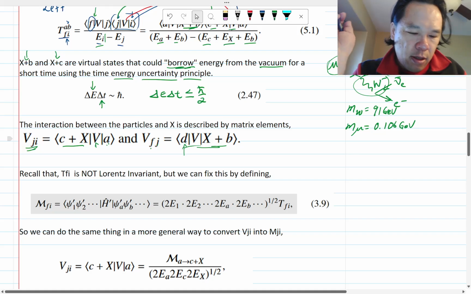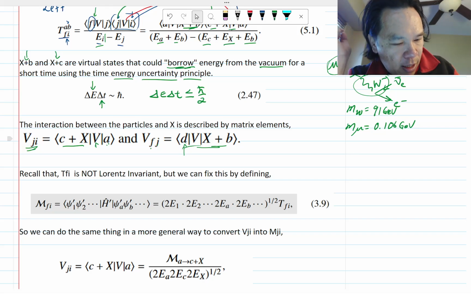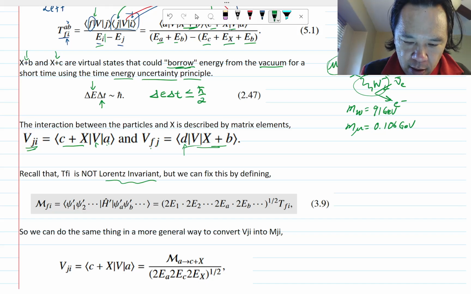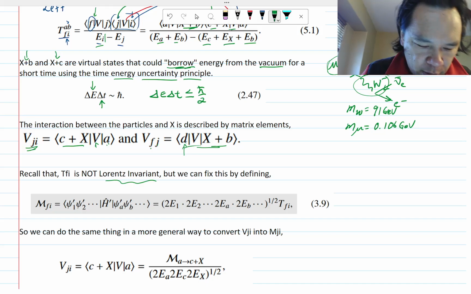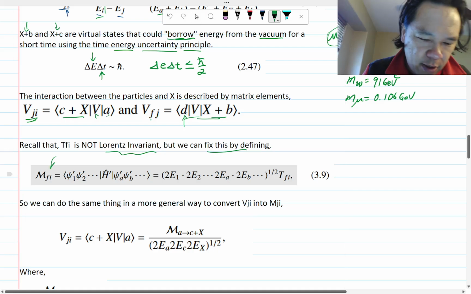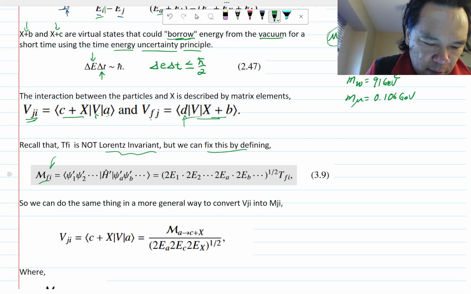Okay, one of the things that we want to remember is that these TFI things are not Lorentz invariant. And this was in chapter 3, right? We fixed this by defining a new thing, the Lorentz invariant matrix element, MFI.